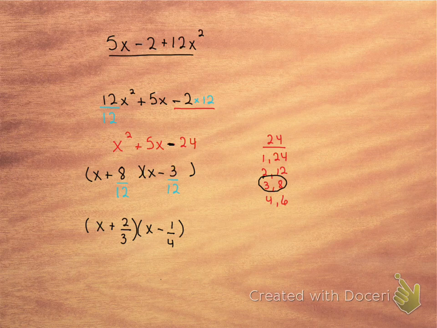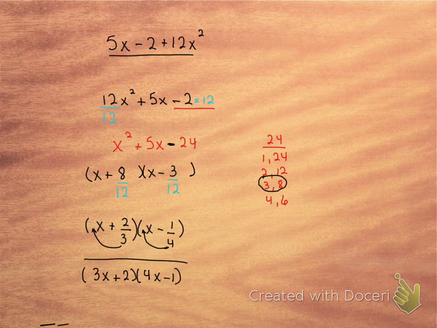Once we get our fraction down to its lowest term and we still have a denominator, we're going to take that denominator and just stick it in front of the x. We're going to take this denominator and just stick it in front of the x. So our factors are 3x plus 2 and 4x minus 1.